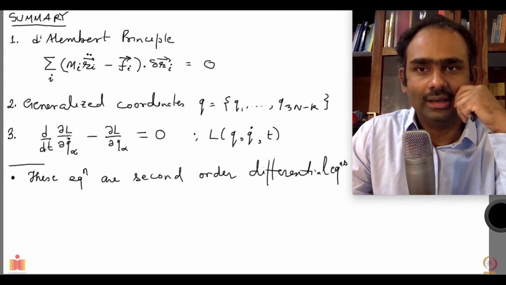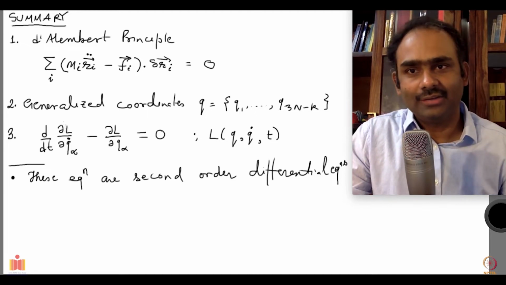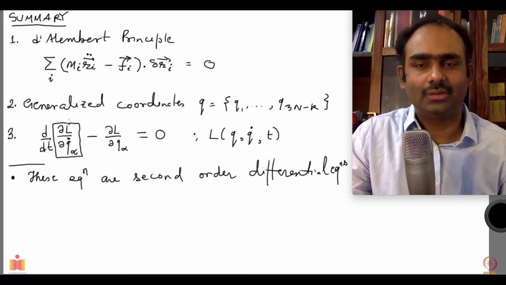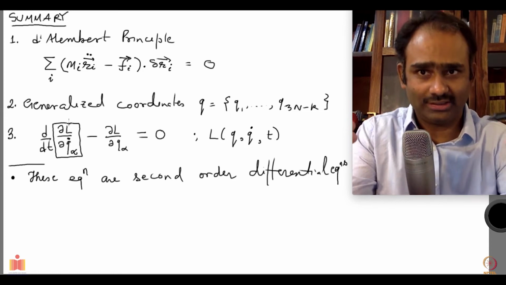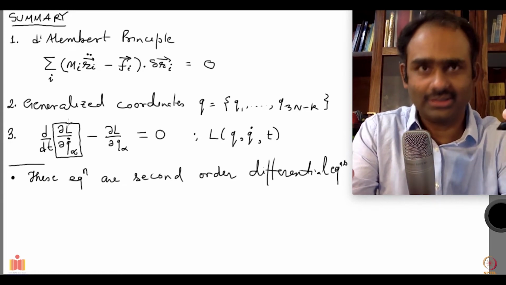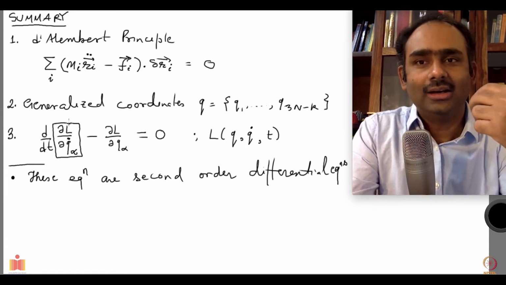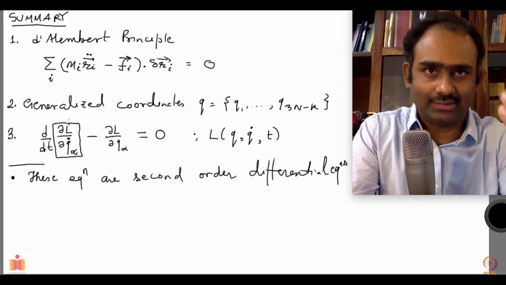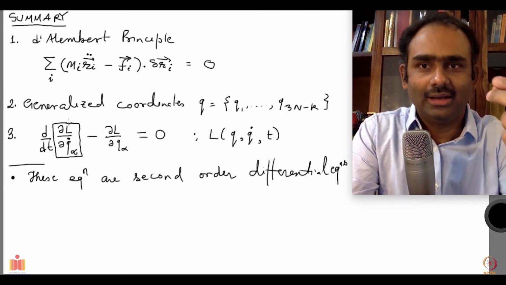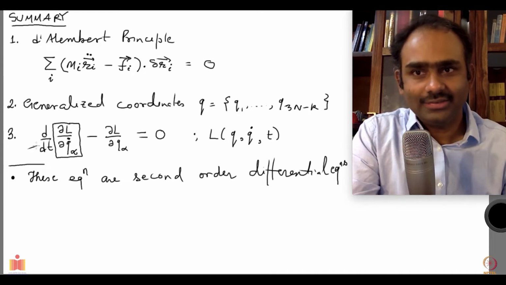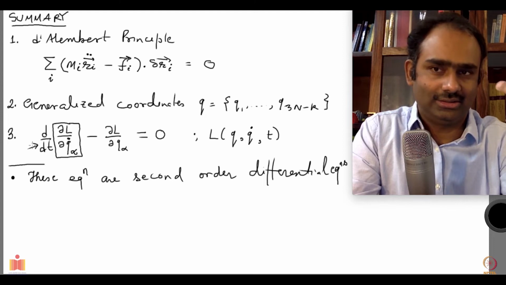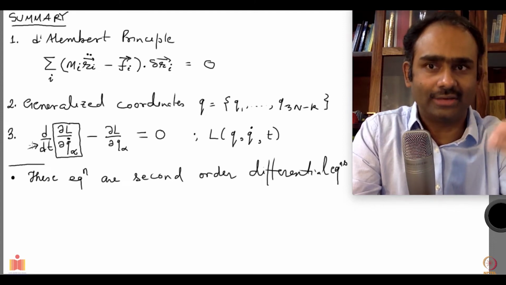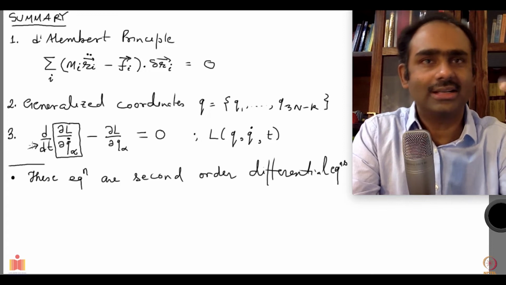Then when you take a partial derivative of this piece with respect to one of the generalized velocities, you'll be left with a function which will be linear in the generalized velocity. And then when you take the time derivative, you will generate the second order time derivative of q, and that's why these equations are second order differential equations.